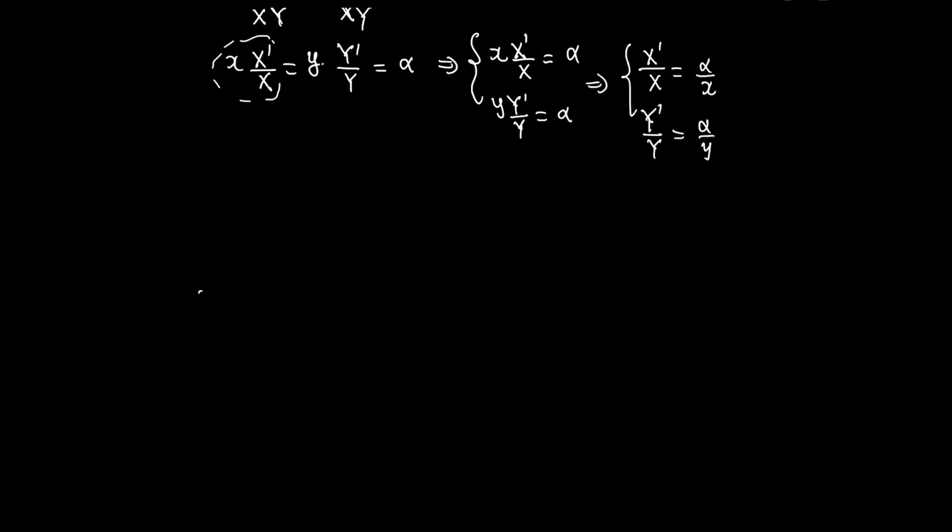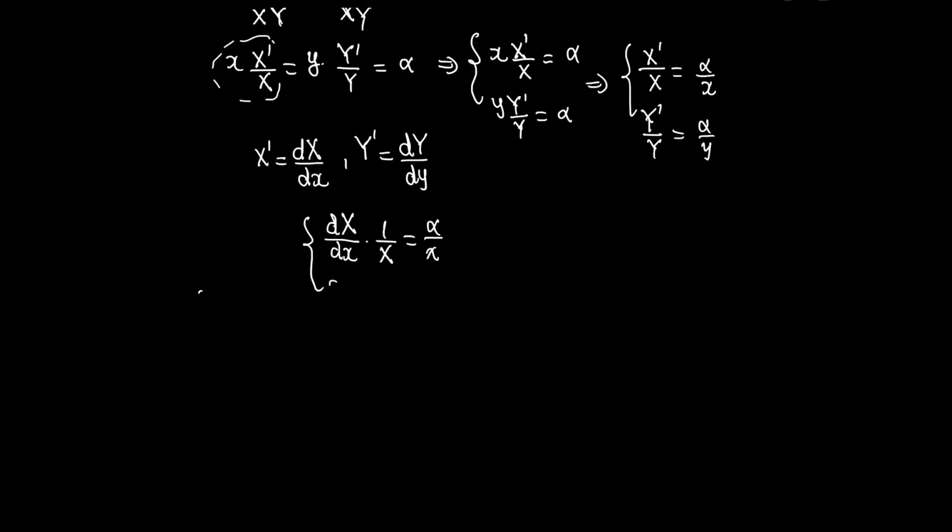As mentioned previously, X prime equals dX over dx, and Y prime equals dY over dy. Then you have dX over X equal to alpha dx, and dY over Y equal to alpha dy.